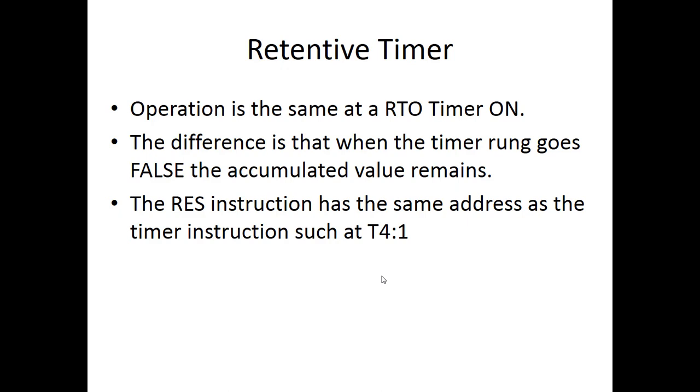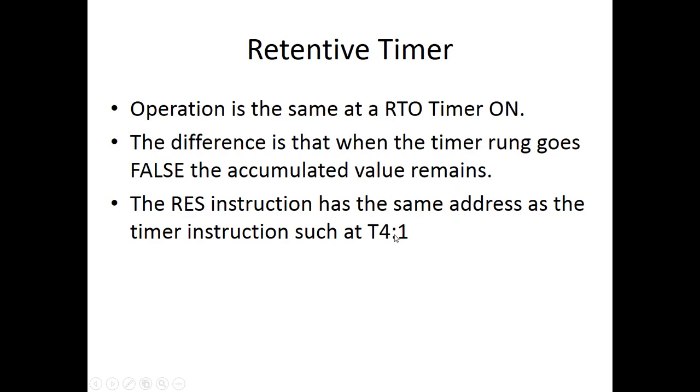Now with a pneumatic timer, you make the rung false, it just resets, and then you have to start again. A retentive keeps your timer, and therefore it needs a reset instruction that has the same address as the timer instruction. So this is the second time today where I've said we need to address things with the same address, even though we said earlier don't address things with the same address.